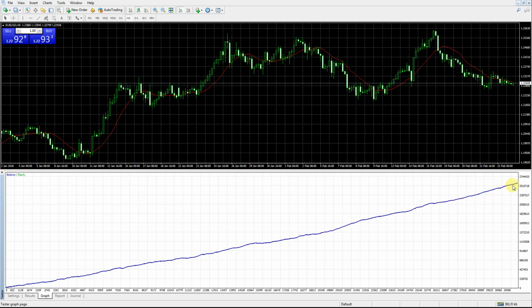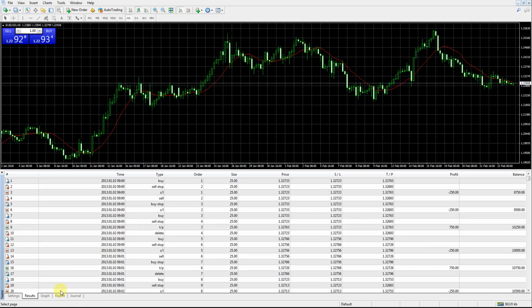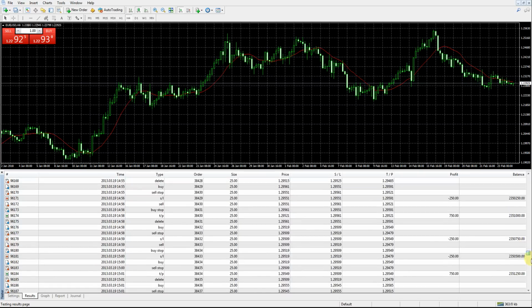It is very aggressive with the profits because the lot size that we are trading is fairly large, although the deposit is not that big. $10,000 is not really a very big size account.